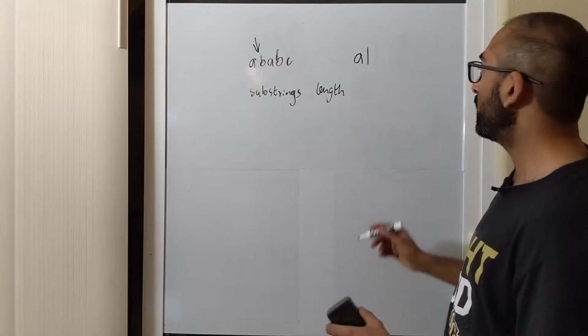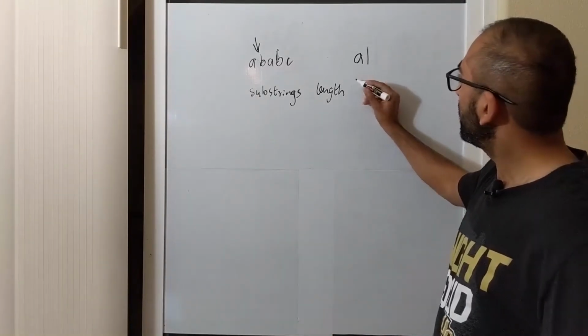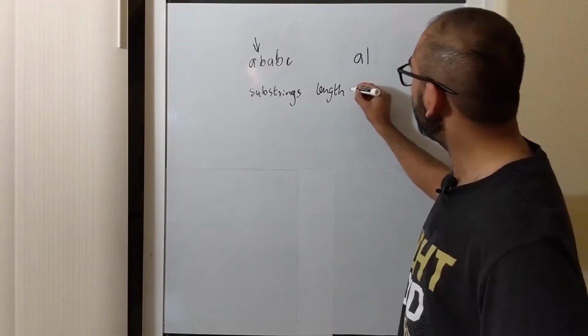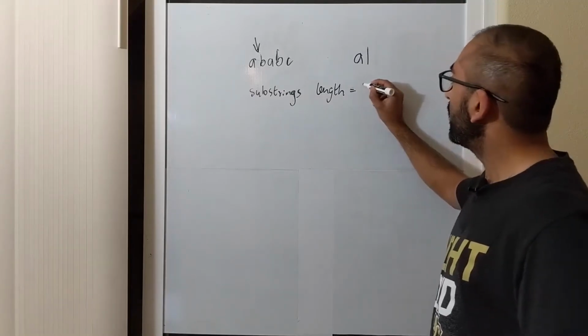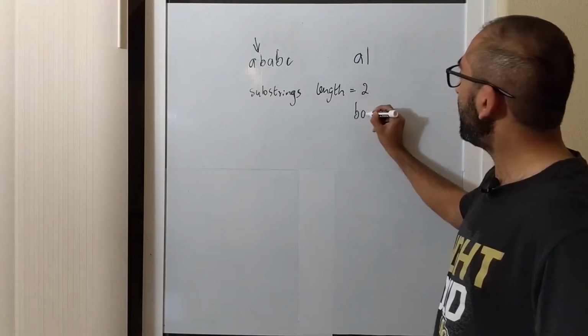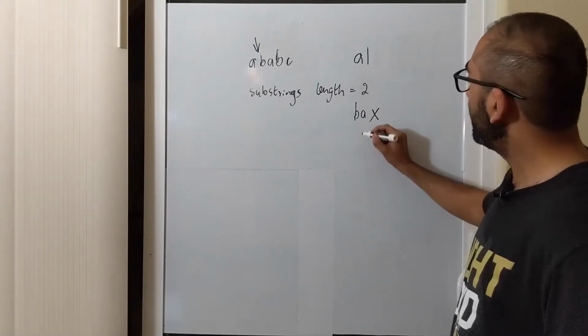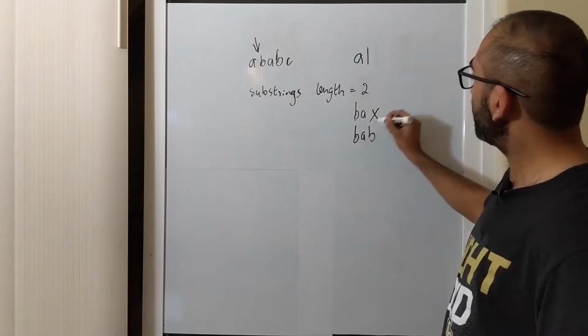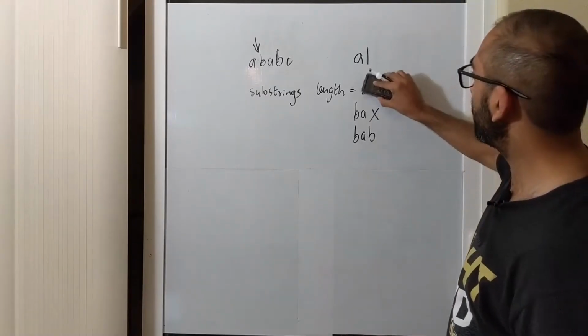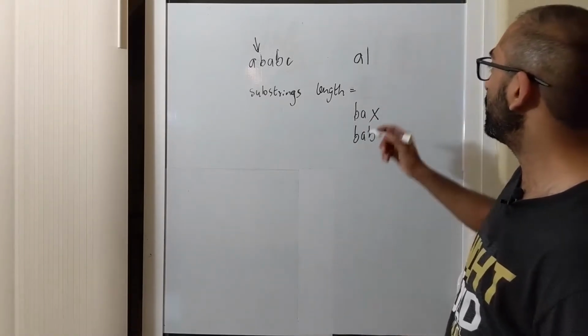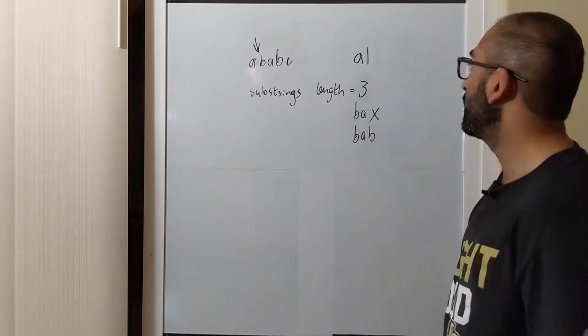Okay, now let's check. So position length 1 is already done. Length 2, is BA a palindrome? No. So you've exhausted doing 2. Now let's do 3.